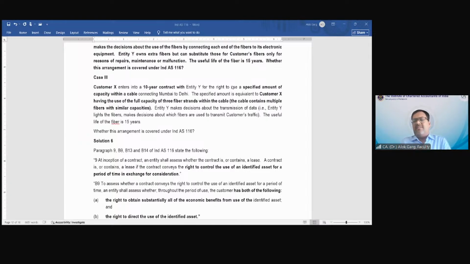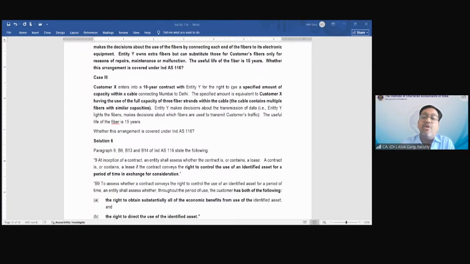No, in this case, the question talks about a capacity portion of the asset, right? And the entity is not using the full capacity. So is it an identified asset? Number one. Number two, who is directing the use of the asset? The lessor is directing the use of the asset.